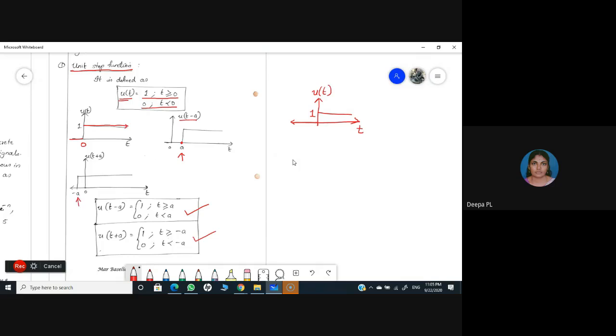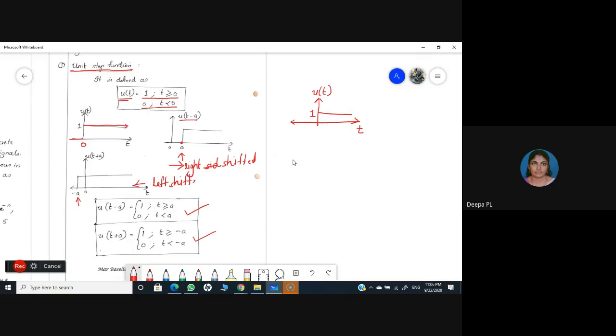So this is the positively shifted signal and this is the negatively shifted one. This is the right shifted version of u of t, and this is the left shifted version of u of t.